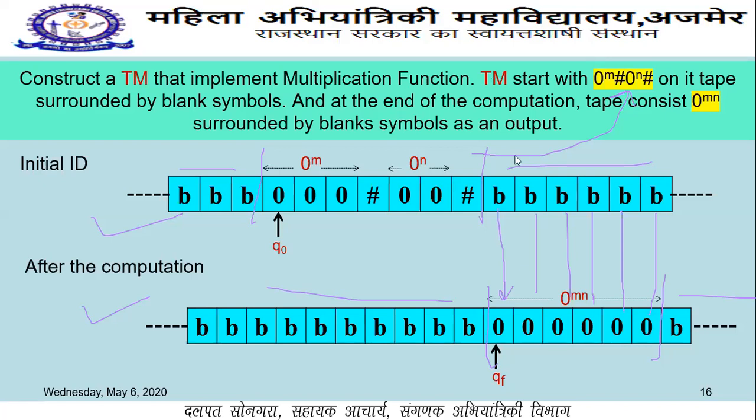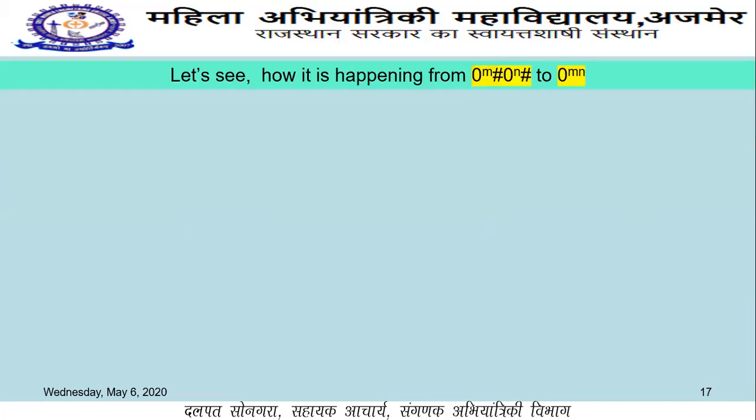First we understand how the processing goes on. This is the logic for the construction of the multiplication operation, which converts this form of input into this form of output. We start with the initial instantaneous description.